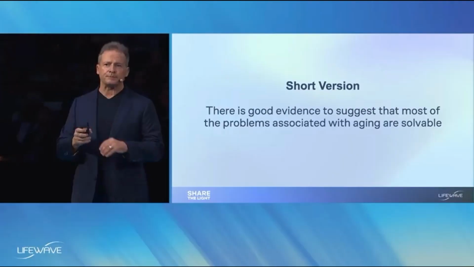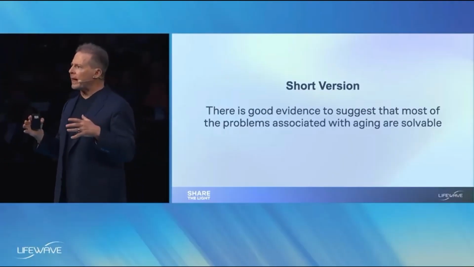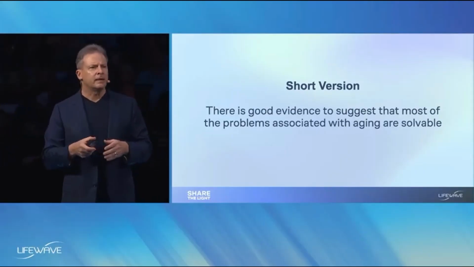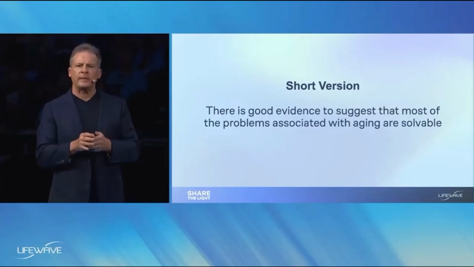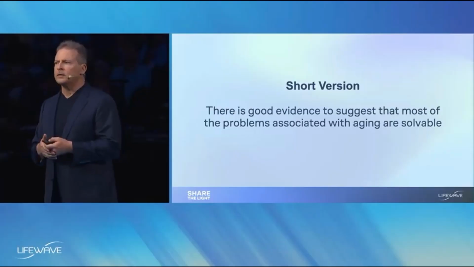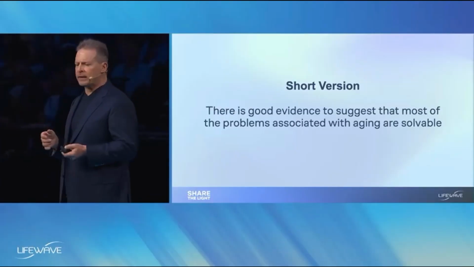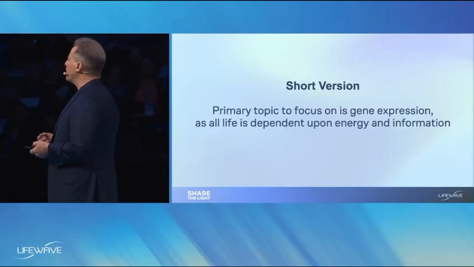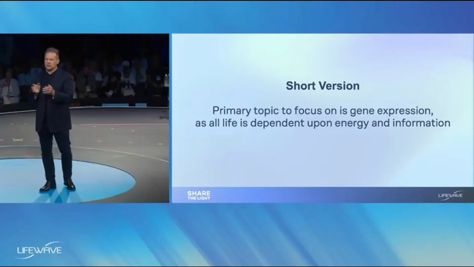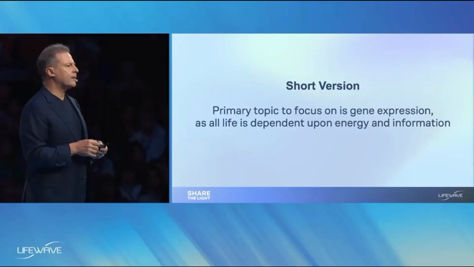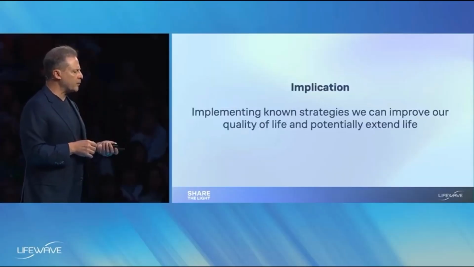So the short version of this is that when we look at all of the signs and the symptoms of aging, there is very good information to show that there are things that we can do today to improve our health span and our longevity. The primary topic that we want to focus on is gene expression, since the others are resolvable, and how we can restore that information.